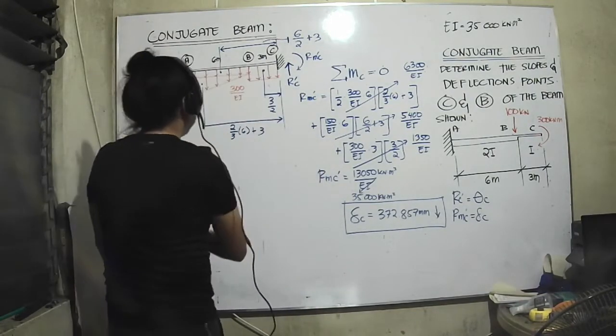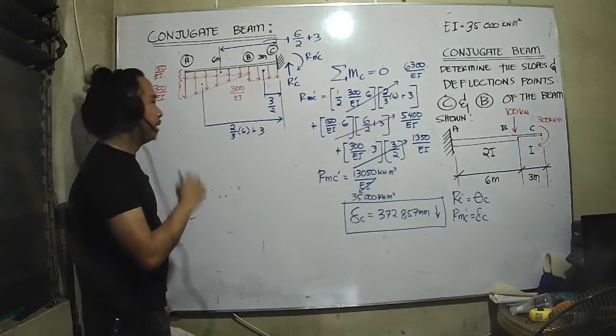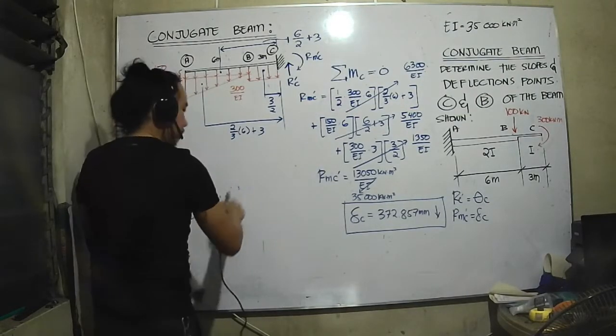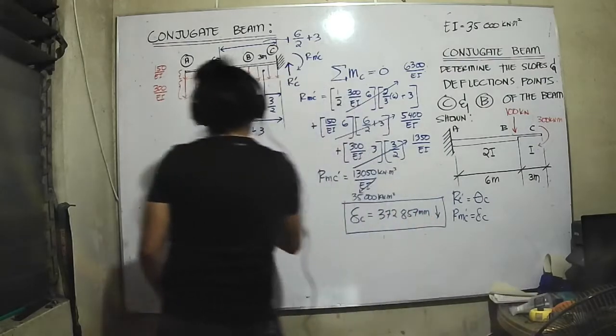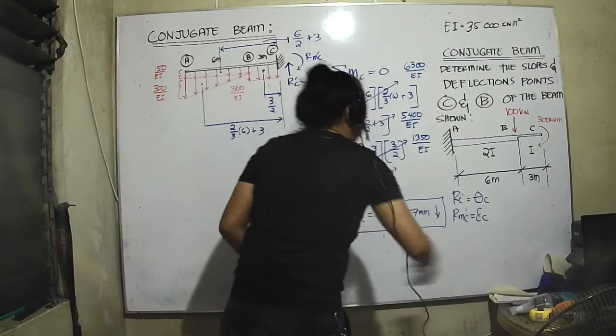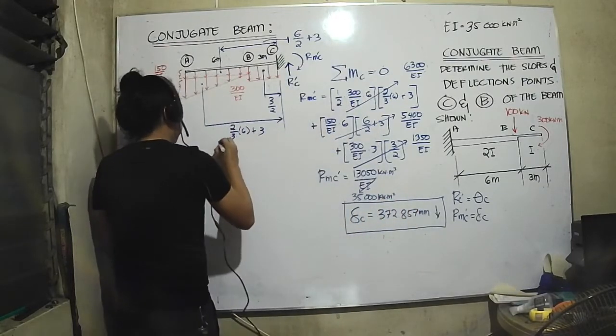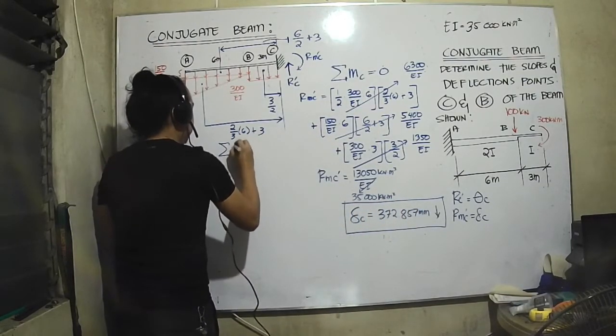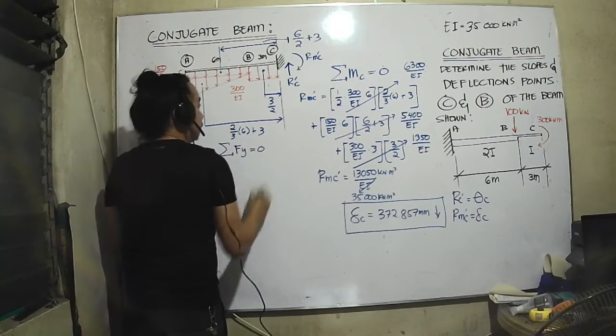Now, for that case, I would like to solve for the slope at C. In any case, that will be equal to summing up forces along Y equal to 0.